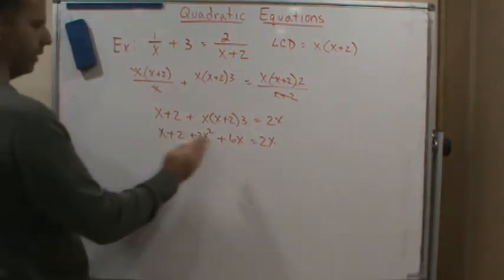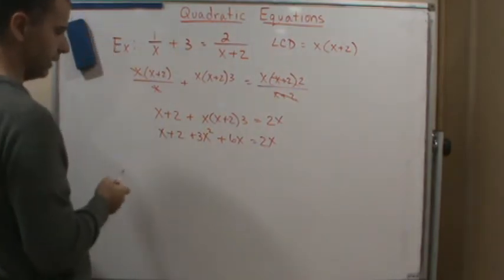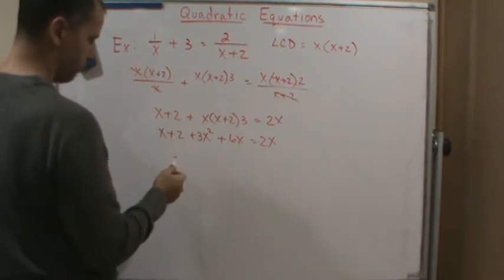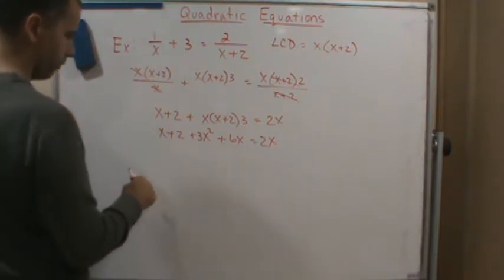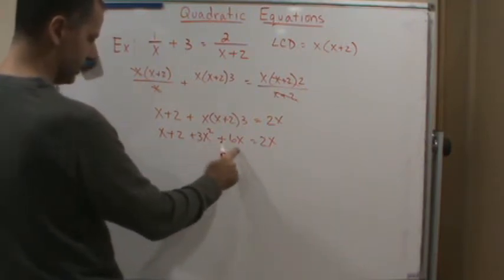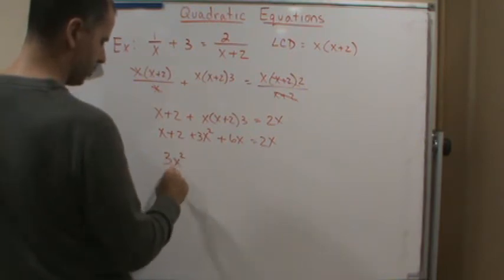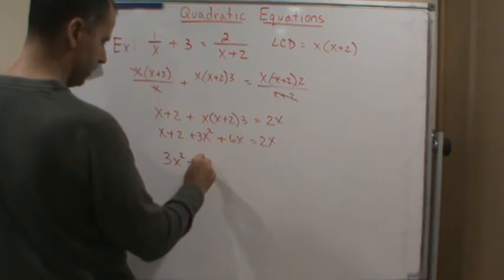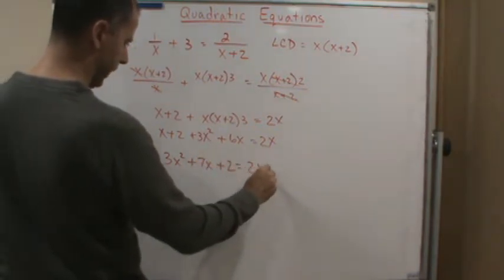And now I'm going to bring everything to the left and simplify, combine like terms. This x plus this 6x gives me 7x, so I'm going to write 3x squared plus 7x plus 2 equals 2x.